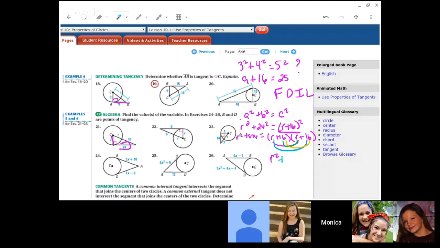So we get 16r. And then next is your inside, which is again 16 times r. And then your last is going to be 16 times 16. So what's that?